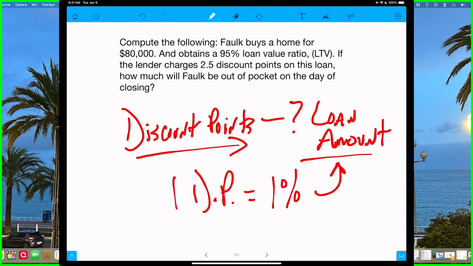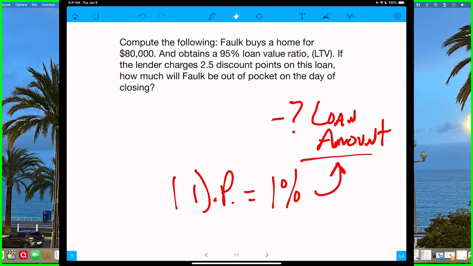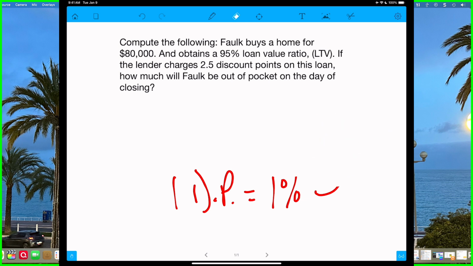If Falk buys a home for $80,000 and gets a 95% loan to value ratio. So there's a couple of things we've got to do here. We have to figure out what is the loan amount, because as I'm erasing here, discount points are calculated on the loan amount, not the sales price.